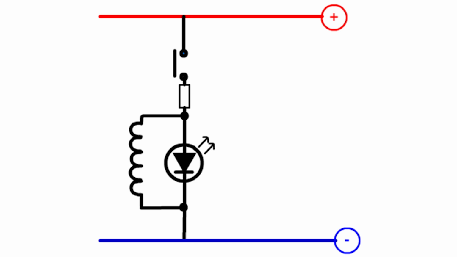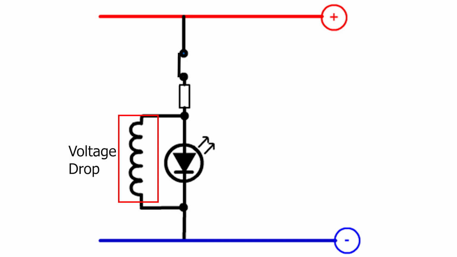But effectively, what's happening here is that as the current through the coil is increasing, which of course happens when I press the button, it induces a potential difference across the coil with an opposite polarity to the current flow. And that will be seen as a voltage drop across the coil.